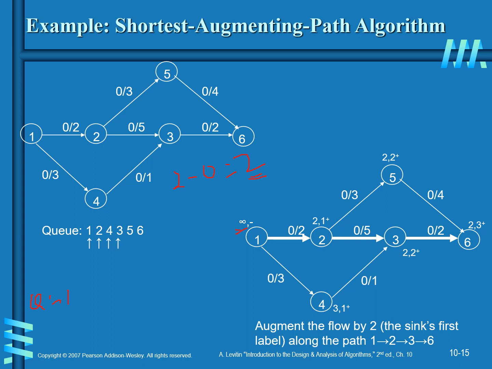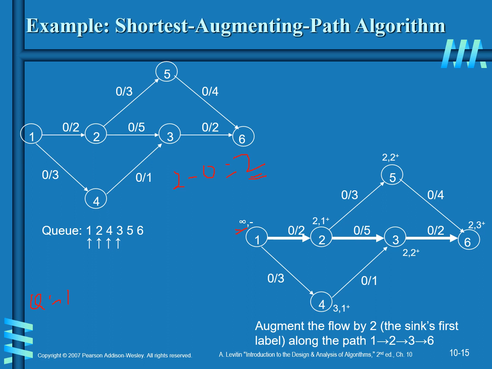This is nothing but how much flow can be adjusted. To find that, you subtract capacity minus current flow, and compare it with the label of this vertex I, which in our case is vertex 1: infinity and 2, and 2 is the minimum. So the first part of the label is 2, comma. The next part of the label indicates from which vertex it was reached. If it is forward, you label with plus.